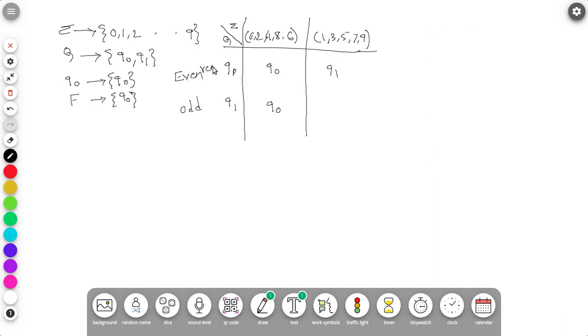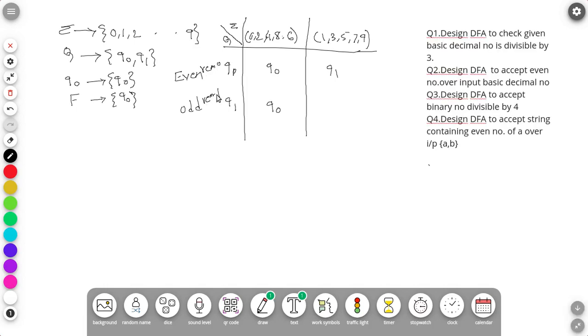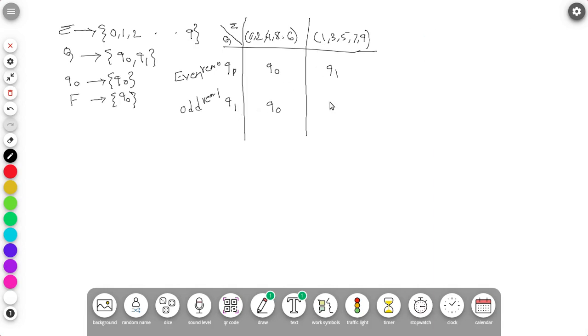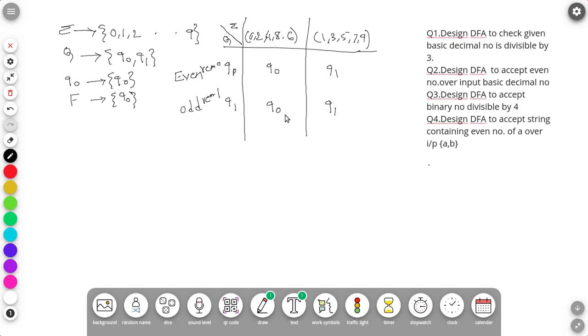Q0 is for remainder 0 and Q1 is for remainder 1. So I get Q0 here. Then Q1 with 1 gives 11. 11 divided by 2 gives a remainder, so I have state Q1. So this is the state transition table for designing a DFA which accepts an even number.